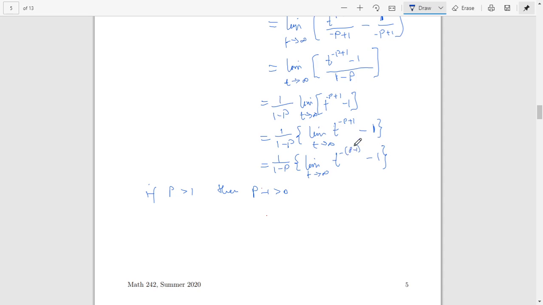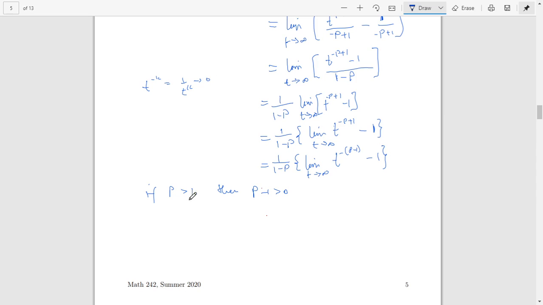So what I have here would be like t to the power of negative a positive number. If that positive number is k, so I have t to the power of minus k, which is the same thing as 1 over t to the power of k, where this k is a positive number. So as t tends towards infinity, this number tends towards 1 over infinity, which is 0.